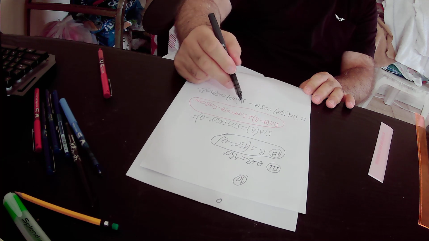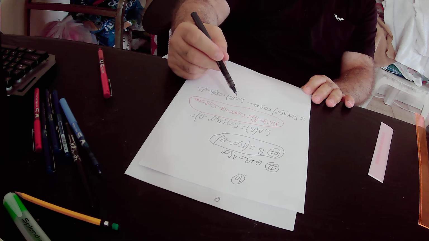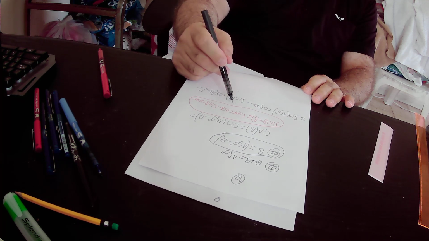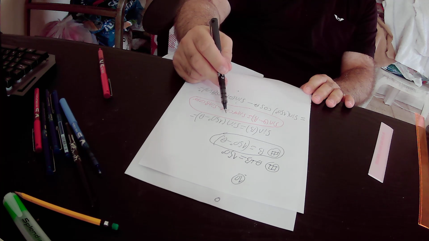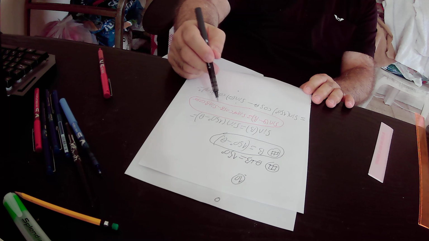Again, we used the second trigonometric identity in order to find the value of sin(150 degrees minus theta).